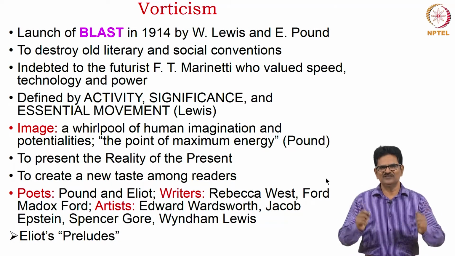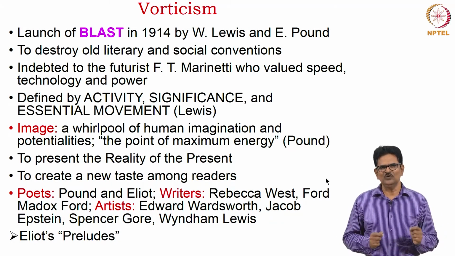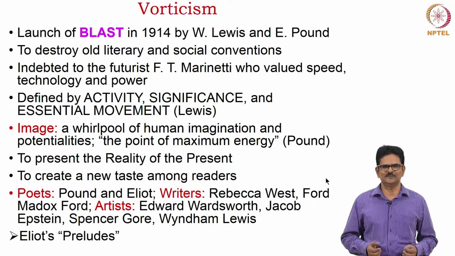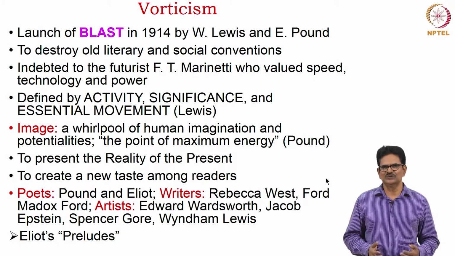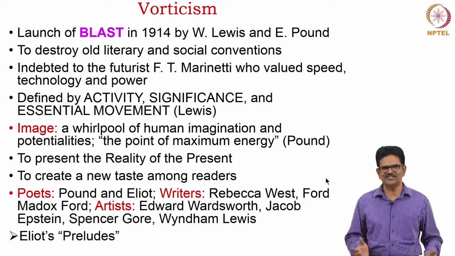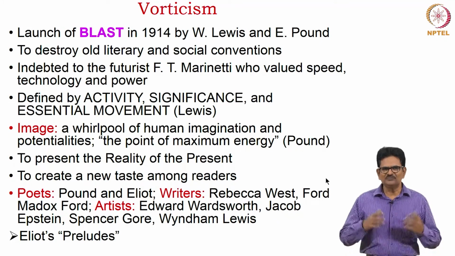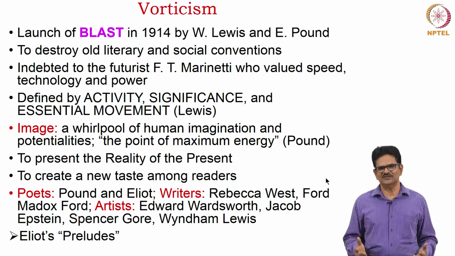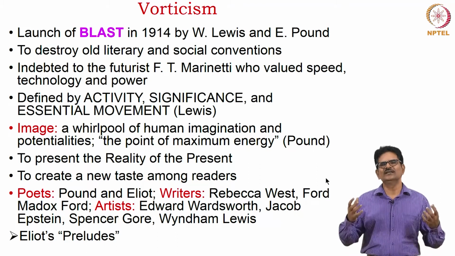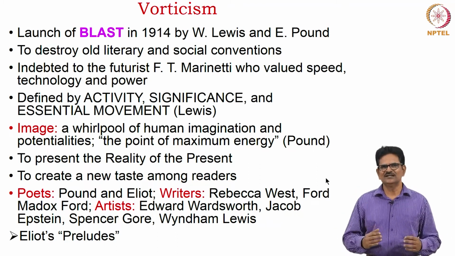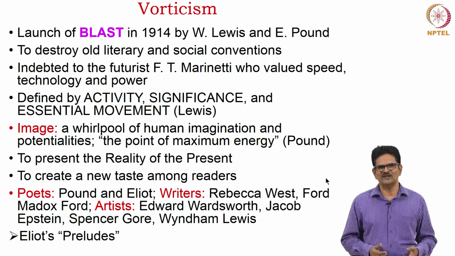The aim of this vorticism was to destroy old literary and social conventions. It was indebted to the Italian futurist F. T. Marinetti, who valued speed, technology and power. So, we can understand the influence of technology, power, speed through this futurist movement on vorticism and modernist poetry in general.